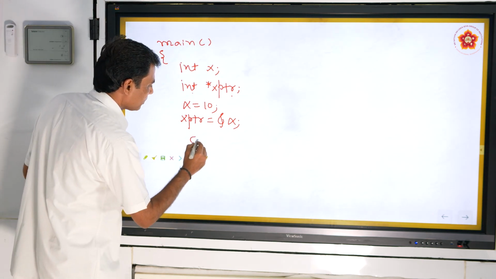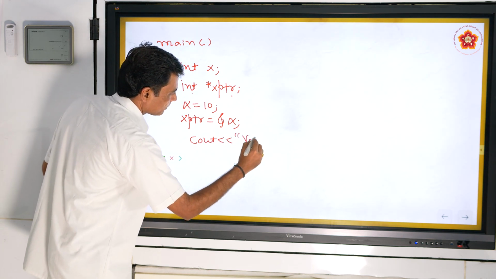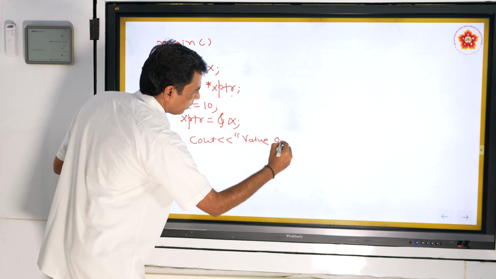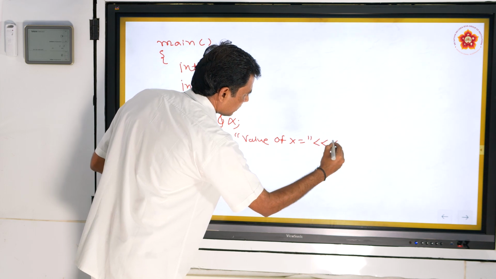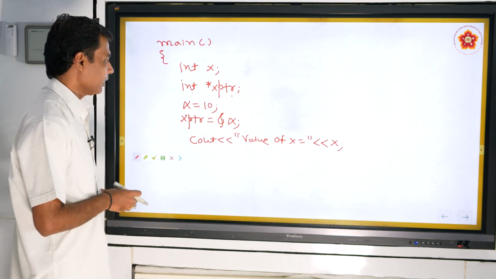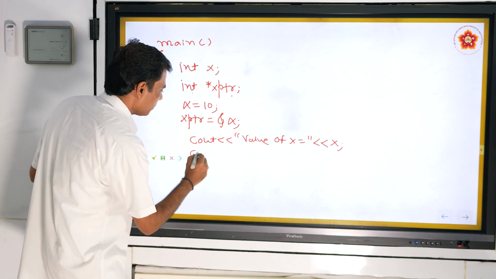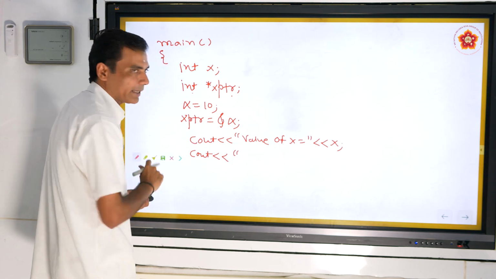Here I am going to print the value of x is equal to this. It's very simple: by giving the variable name we can access the value of x. Now I am going to access the value of xptr.